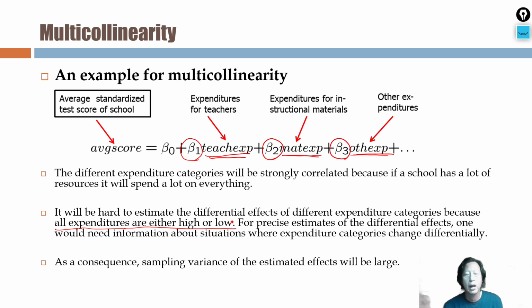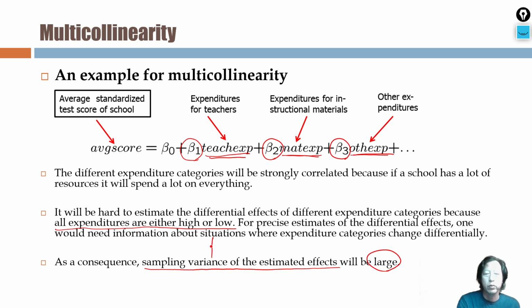If one is high, then most of them, all the expenditures, will be high. As a result, the sampling variance of the estimated effect will be large, pretty high. That's why you cannot trust beta 1, beta 2, beta 3 here.